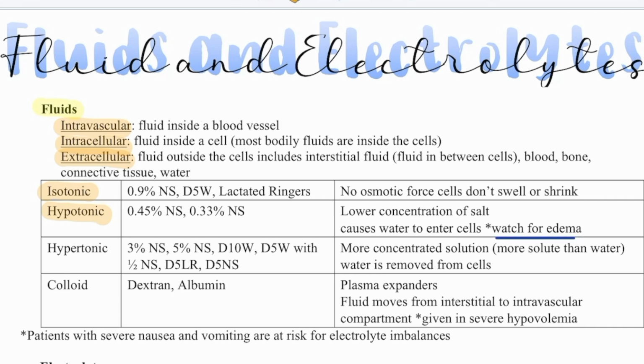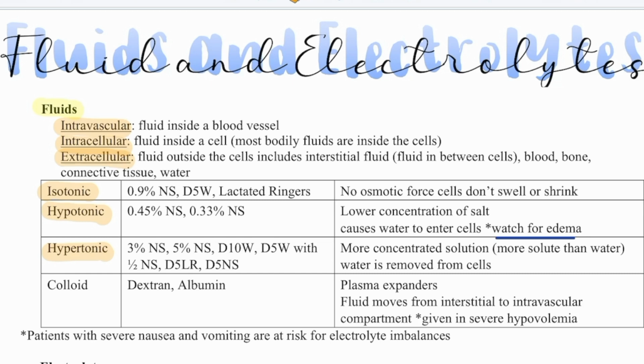Then we have hypertonic. I like to think of these as higher than our isotonics. So this is 3% normal saline, 5% normal saline, D10W, D5W with 1/2 normal saline, D5 lactated ringers, and D5 normal saline.